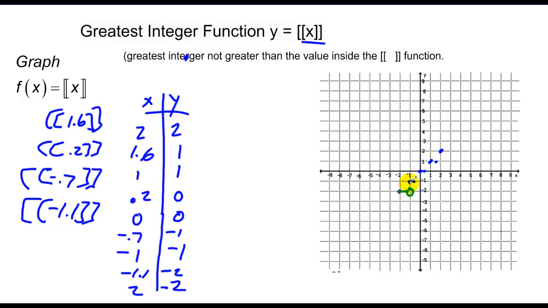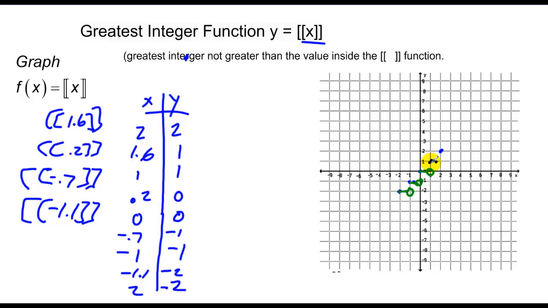Likewise, I move further and further to the right here until I get really close to the point 0, -1, and stop. So I put an open circle. I move very close to 1, and right before I get there, I stop, and then at 1, my greatest integer is 1.